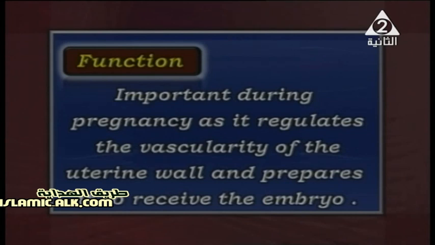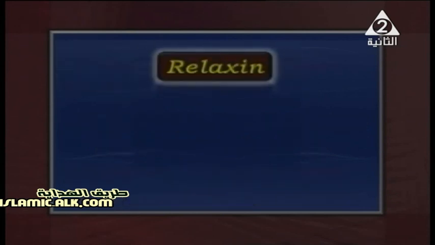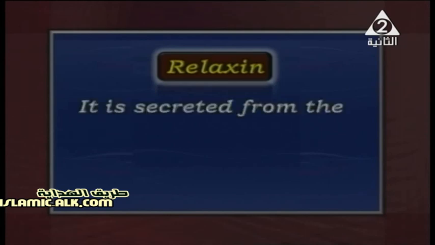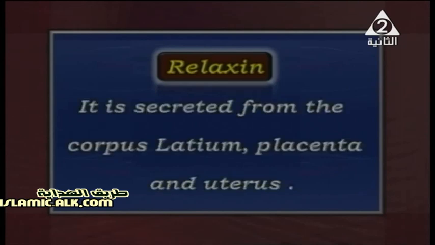And after that we have the last hormone, which is relaxin. Relaxin is secreted from the corpus luteum, placenta and uterus. Again, it is the only hormone that's secreted by three different organs inside the body: the corpus luteum, placenta, and also the uterus.